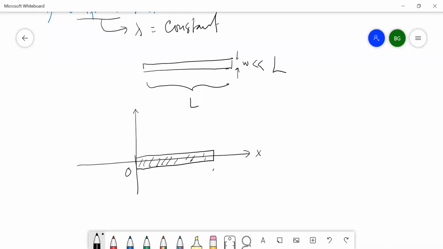This is L here. Just for simplicity, we consider the point A outside the rod, and the distance from the tip of the rod at L to the point is A, so the total is A plus L.